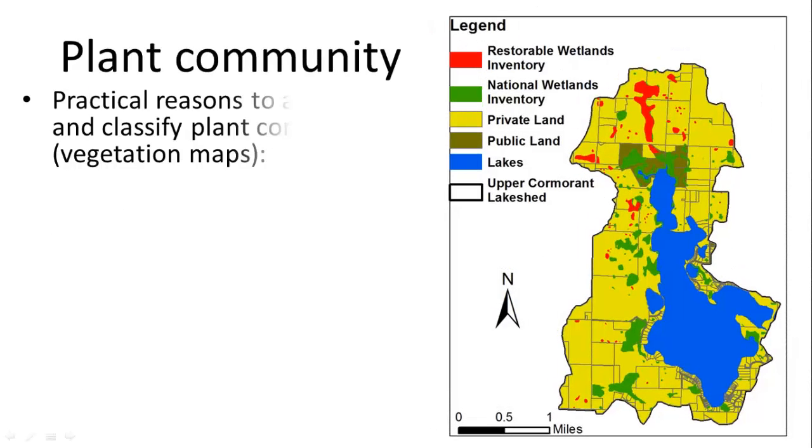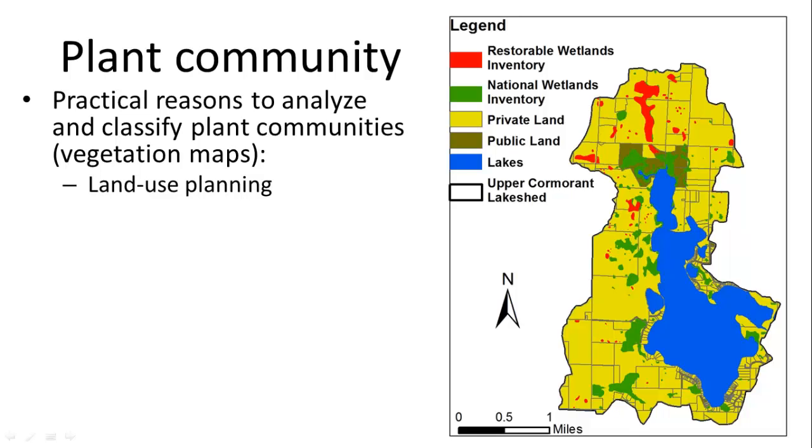All right, so why is it important to study a plant community? It may be important to help make these vegetation maps. So this is going to help in what is important for the use of different types of land. If you want to put farms there, if you want to make forests there, if you want to preserve it for a national park or whatever, and also what natural resources might be there.